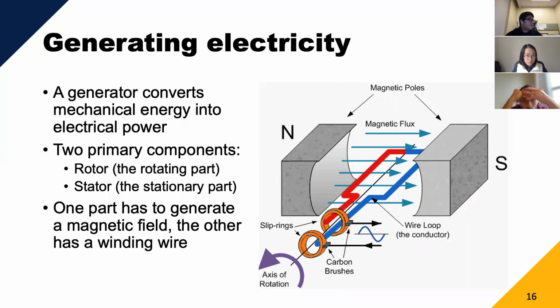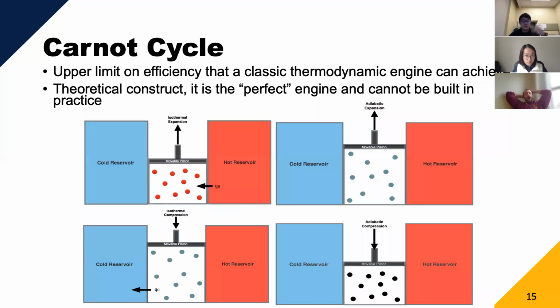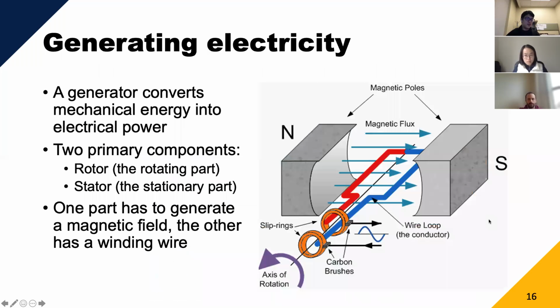So let's talk about how we go from, actually, if I go back one slide, okay, I can see that I am turning heat energy via this thermodynamic cycle into mechanical energy, right? And so how do we go from mechanical energy into electricity, which is kind of the end use for a lot of the energy that we use? The answer is through a generator.